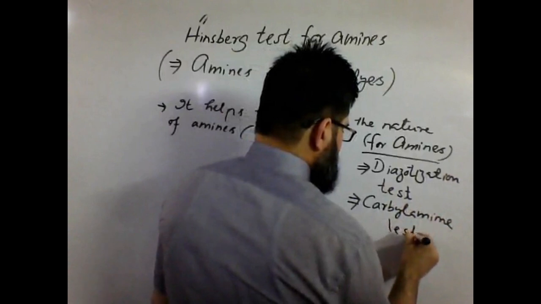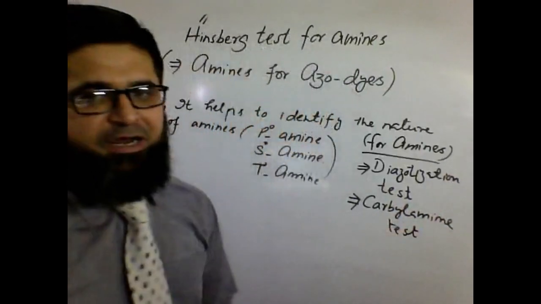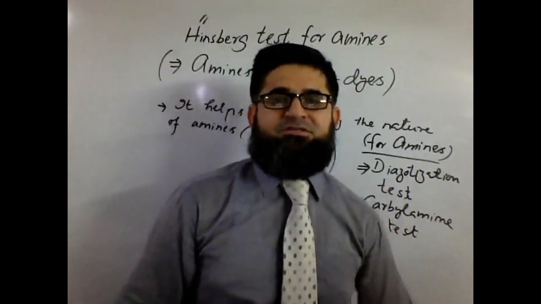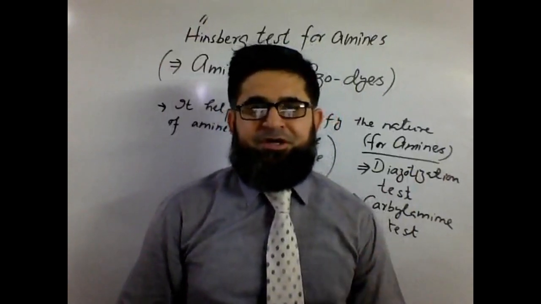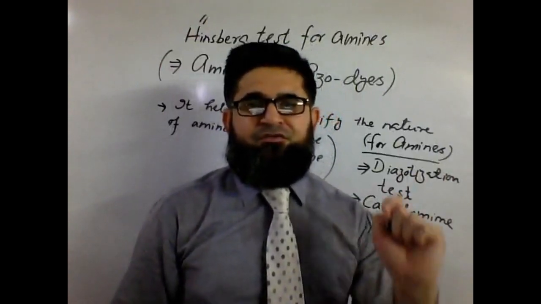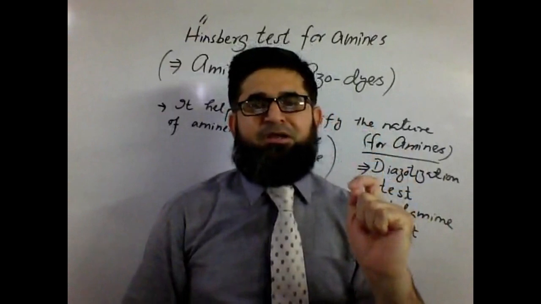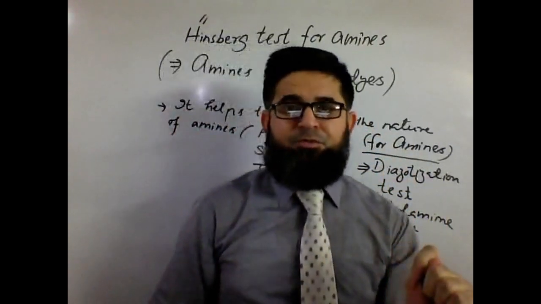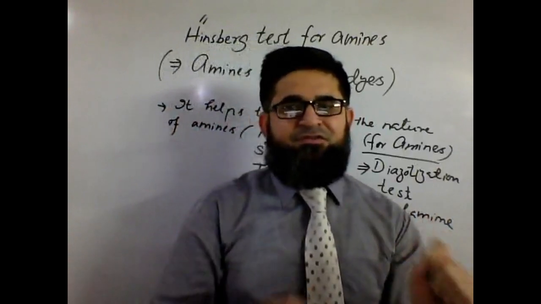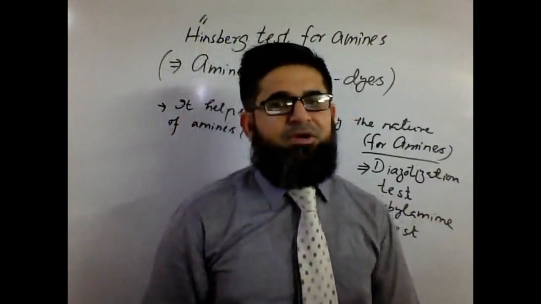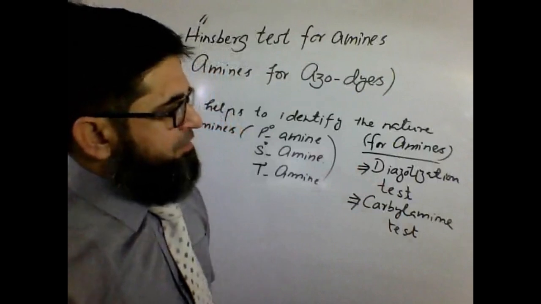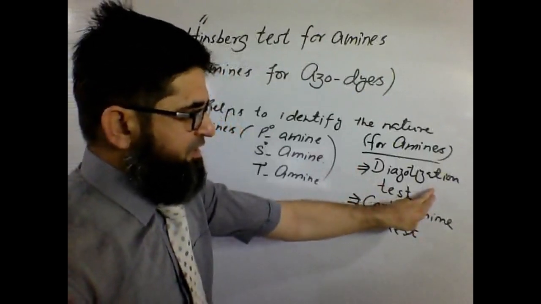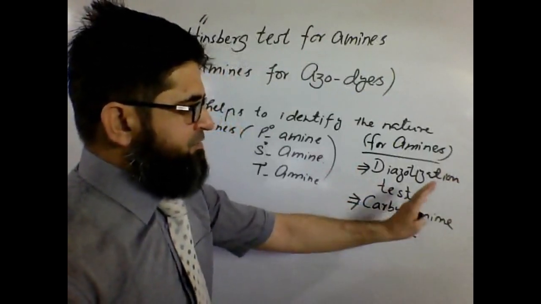These two tests have already been explained in my previous lectures as the confirmatory tests for the identification of primary amines. I've explained the mechanisms, what actually happens inside the test tube, how the reagents react with the given amine, and how one can confirm whether the given compound is a primary amine.